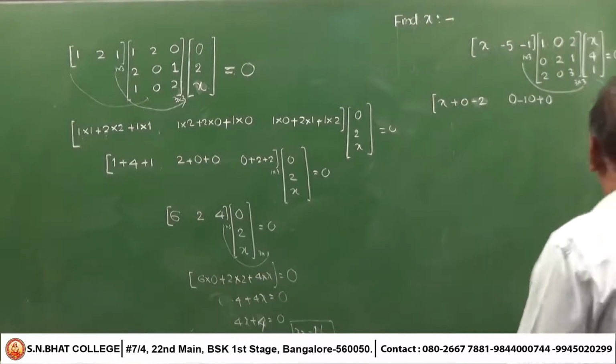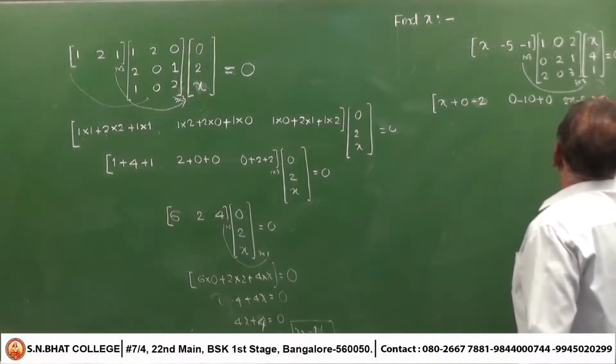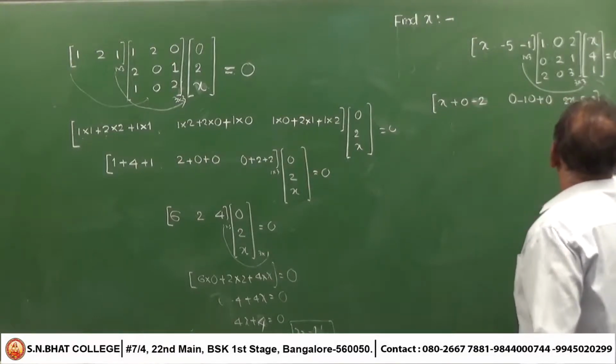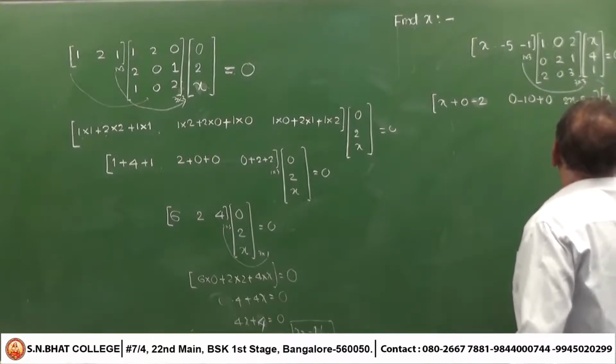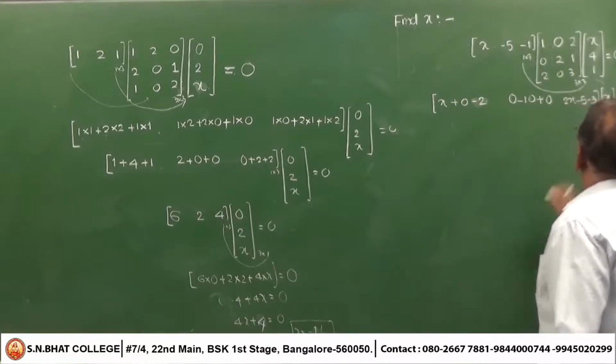Next is third column, 2x minus 5 minus 3, into x 4 1 is equal to 0.